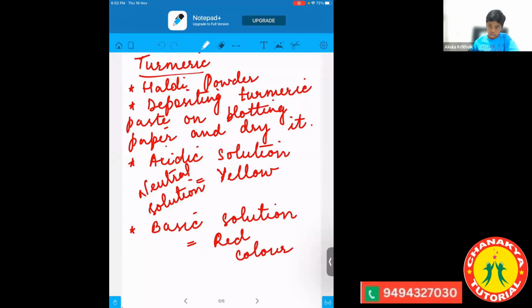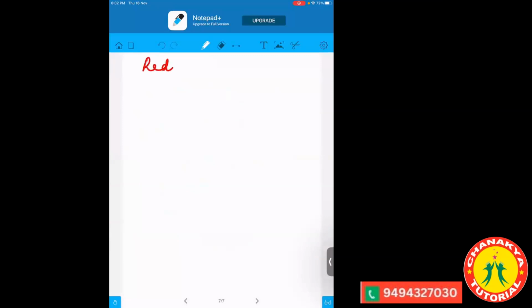Now the last natural indicator we have is the red cabbage. So red cabbage is also used as an indicator to test acid and base. Now, how can we prepare the red cabbage solution?